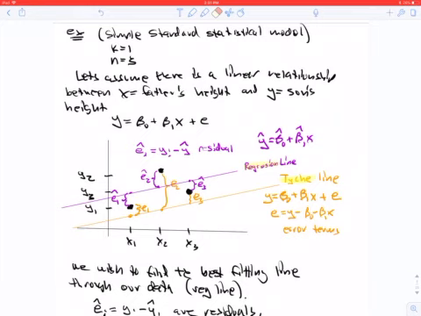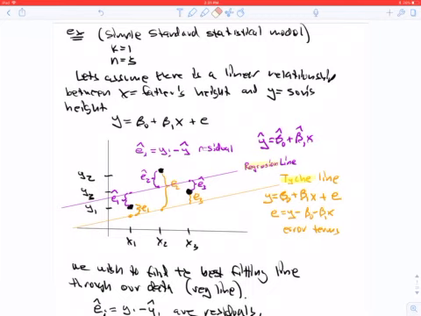It's important to emphasize here that beta 0 and beta 1 are unknown parameters, and x is our data, so that's fixed. Our e is a random variable, and hence our y is a random variable.